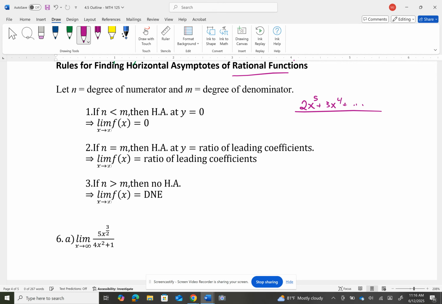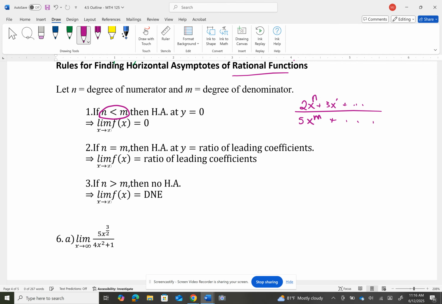And then down here you have something else, x to a power, and then maybe a bunch of other terms. Let me just use an n and not put actual things in there. So this says you've got to look at these.